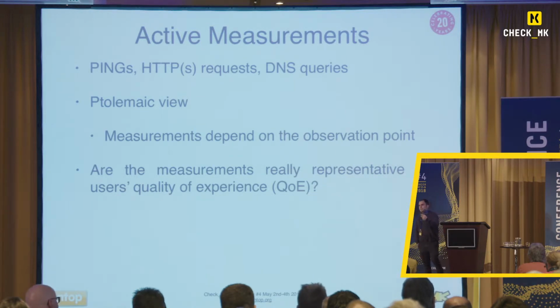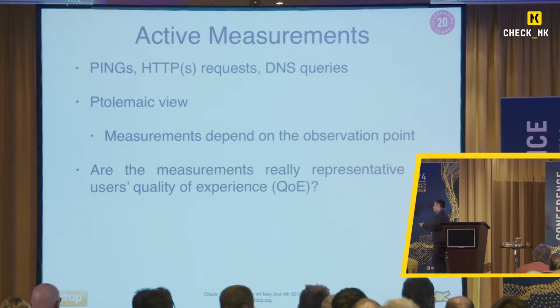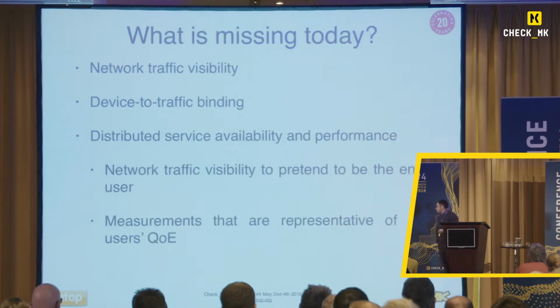If you ping a web server and you measure the latency or the packet loss, those measurements are related to you and not to the end customers. So they are not metrics that are related to the end users, to the real quality of experience of the users. They are measures that depend on you, that depend on the observation point.